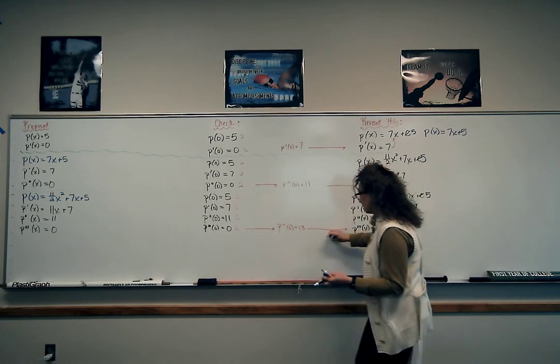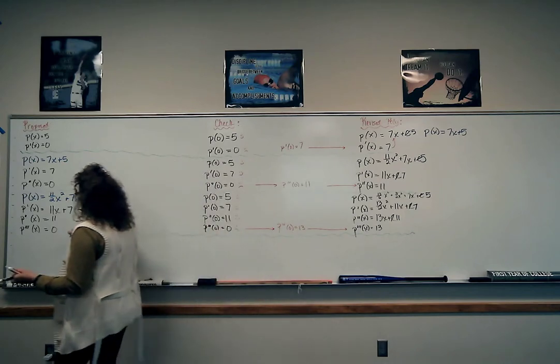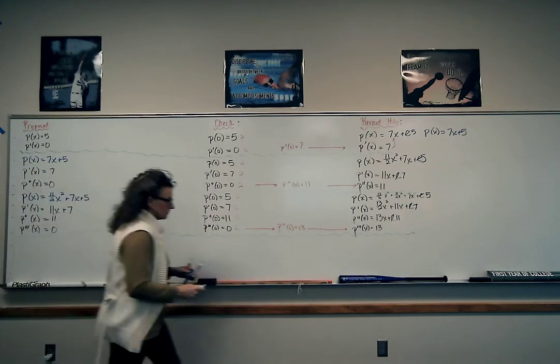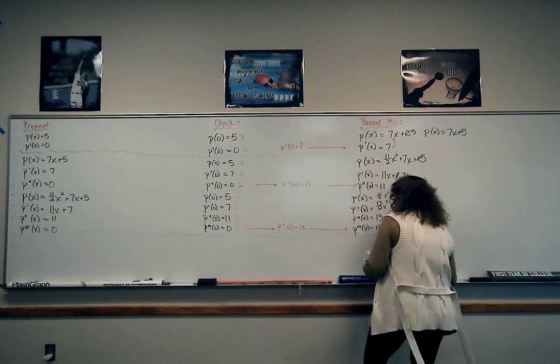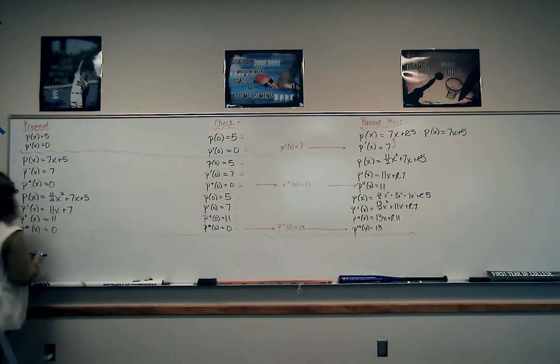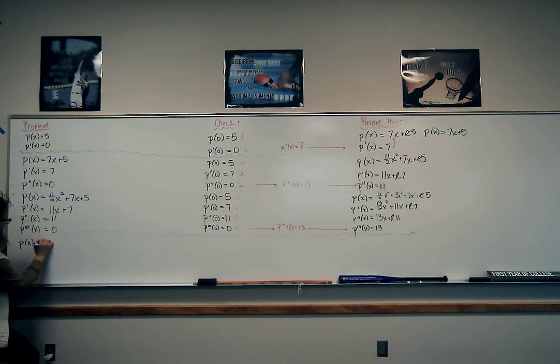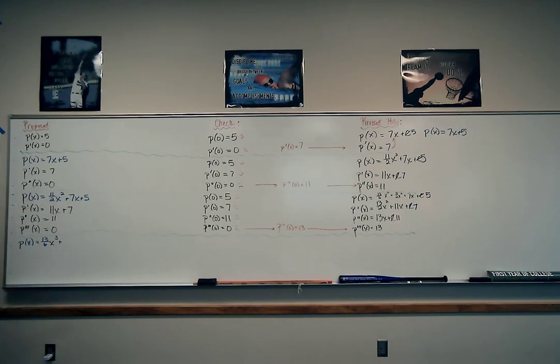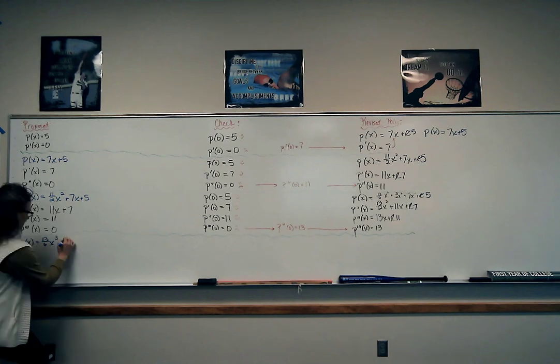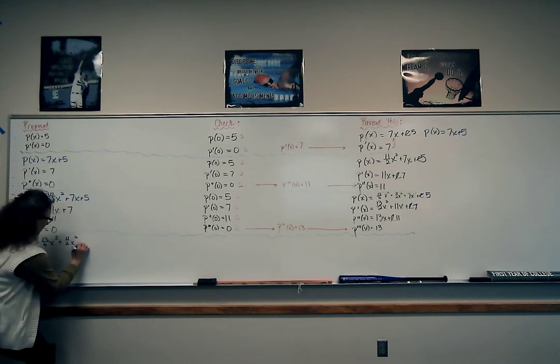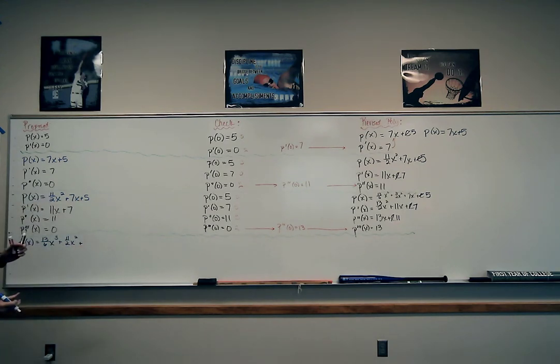So I'm going to start over. Don't worry, we're almost finished. All right, new polynomial. Oh, it's going to get squishy down here. P of x is supposed to now be 13/6 x cubed plus 11/2 x squared plus 7x plus 5.